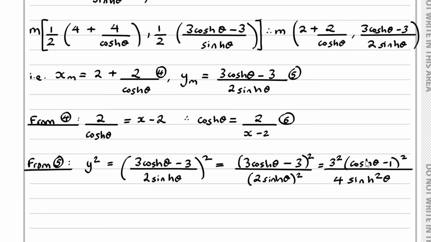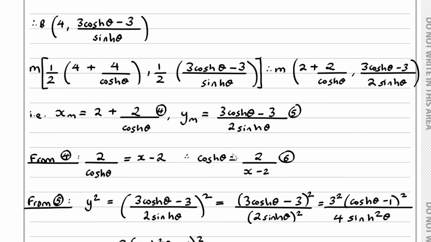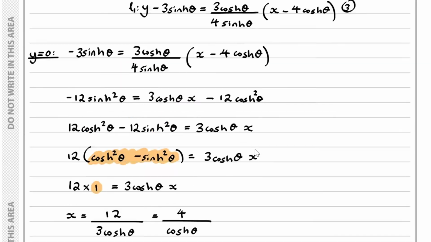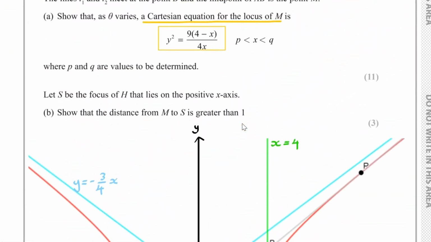Now, tidying this up even more, we have 9 times cos theta minus 1 all squared over 4 sine squared theta.